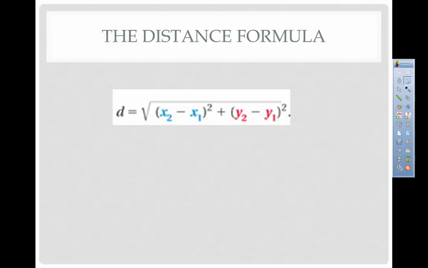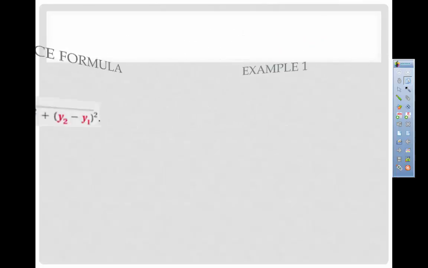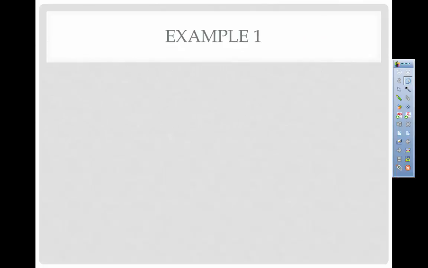Once again, as we go through this chapter, I'll write down some formulas up on the board so that way you don't have to memorize everything. But to be honest with you, you should have that one memorized by now.